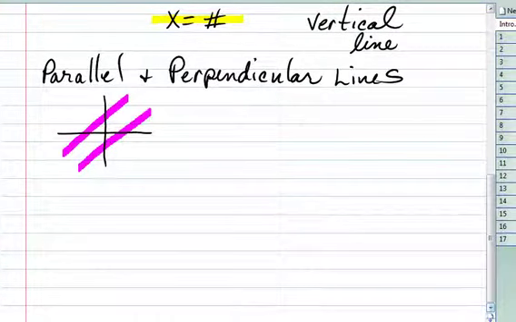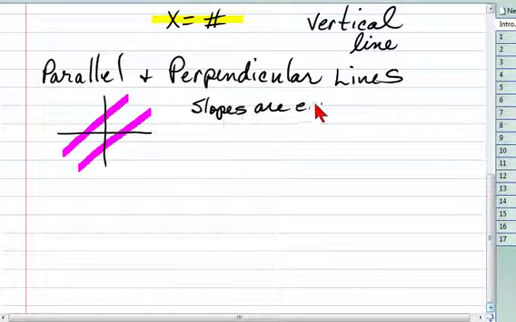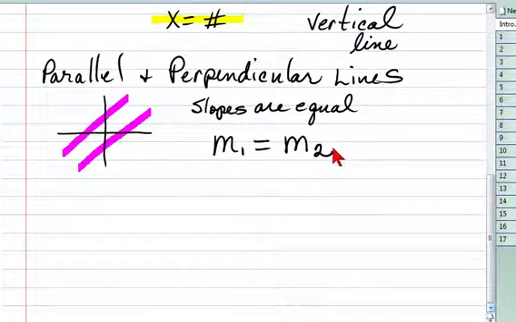What appears to be true about the slopes of parallel lines? Okay, the two lines do not intersect. Now let's go further. What about their slopes? They're the same. Slopes are equal. And mathematically, what we would say is M1 equals M2. Slope number 1 equals slope number 2. They have the same slope.